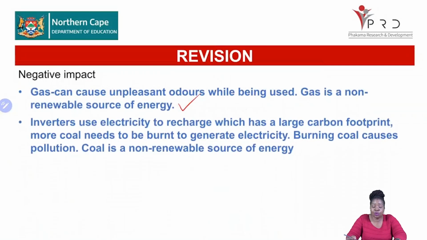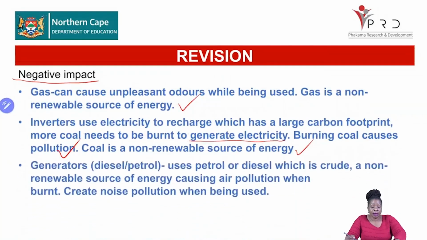More coal needs to be burnt to generate electricity. And burning coal causes what? Pollution. And remember, coal is a non-renewable source of energy. Right, so that's the negative impact. And also generators, that is those that use diesel or those that use petrol.